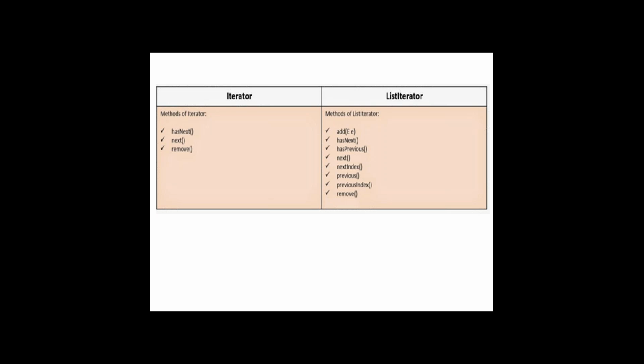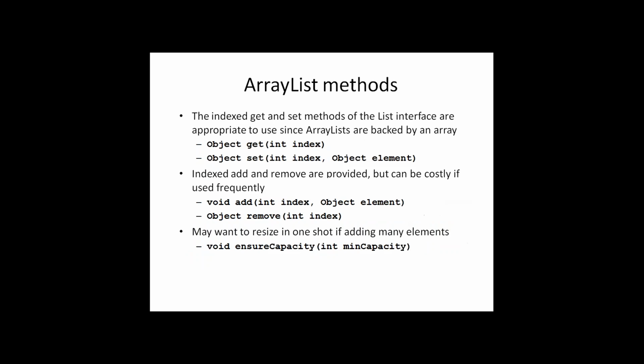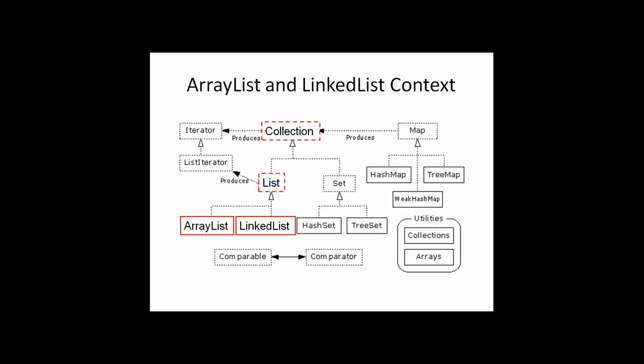But the limitation is that in this topic we are going to learn set also. After list, the second category belongs to set. So there is a HashSet class. See, in this collection framework, first we are learning list, after that set is there, HashSet and TreeSet.